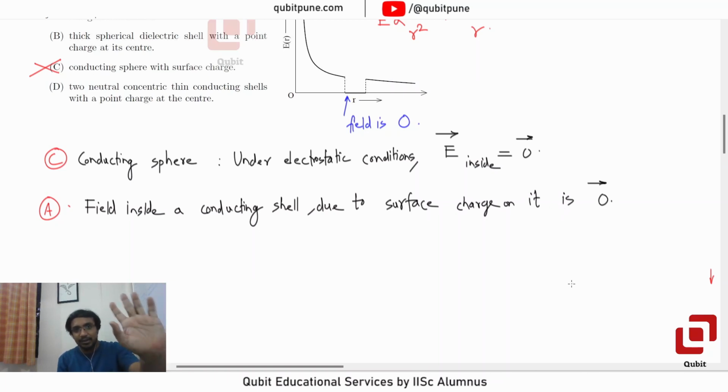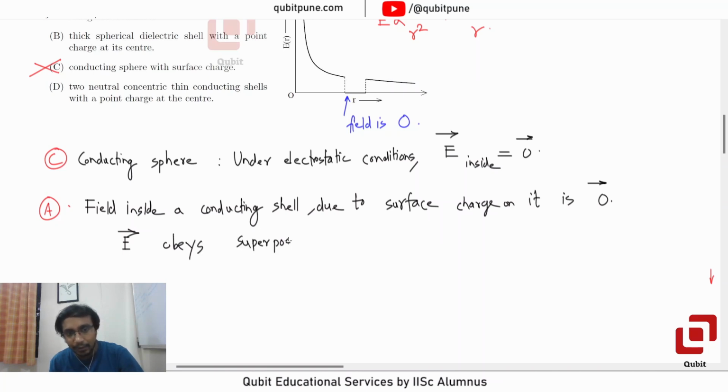Please try to understand what I am saying. The field inside a conducting shell due to the surface charge on it is 0, and the electric field obeys the superposition principle. Do you agree? Electric field obeys superposition, correct?